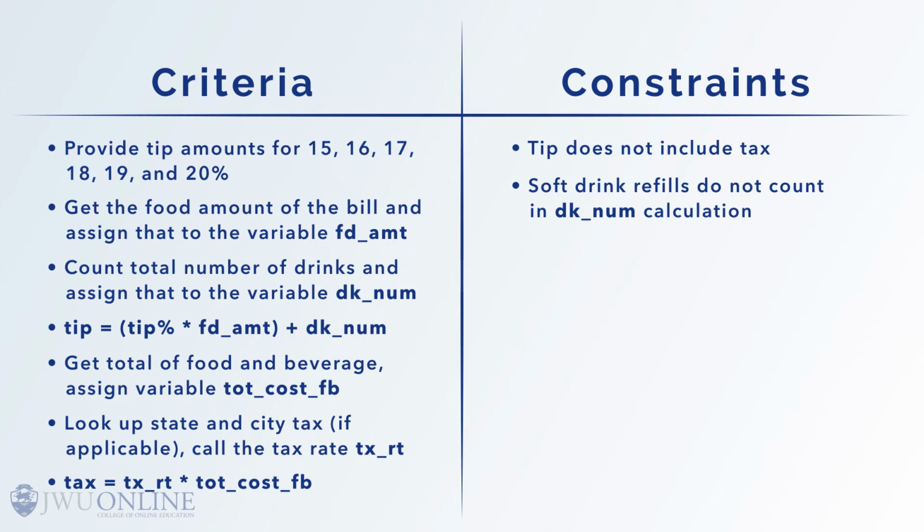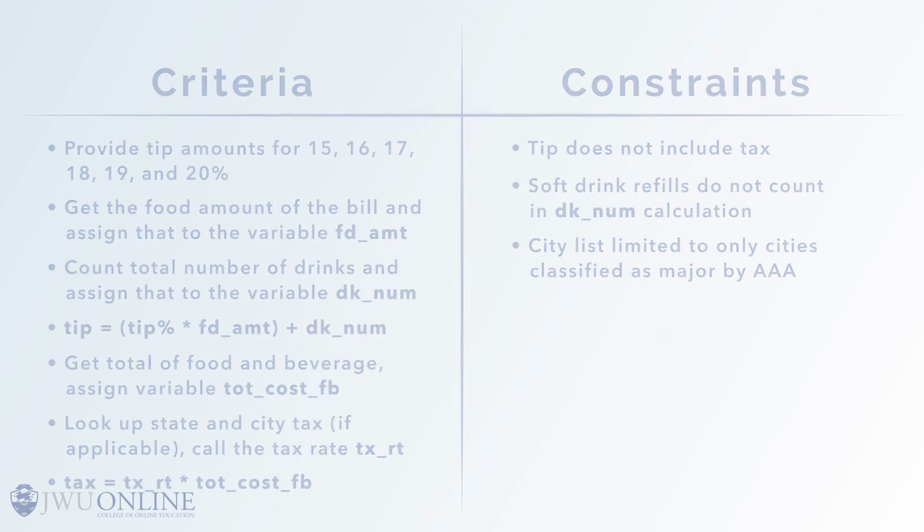Third, we need to specify which cities count as major cities, and we will use the AAA definition to accommodate that constraint. Once we've built our table, it's clear that we have quite a bit more information to work with than we did with our initial one-sentence problem description.